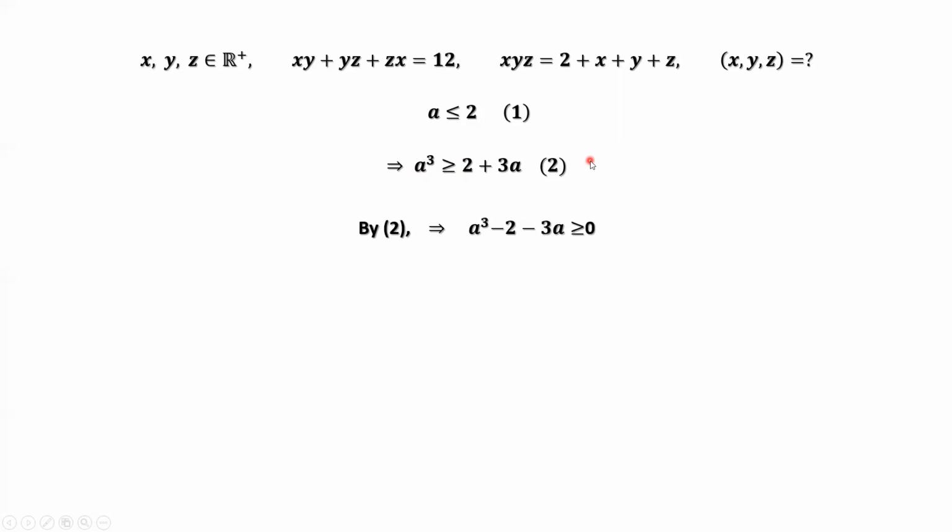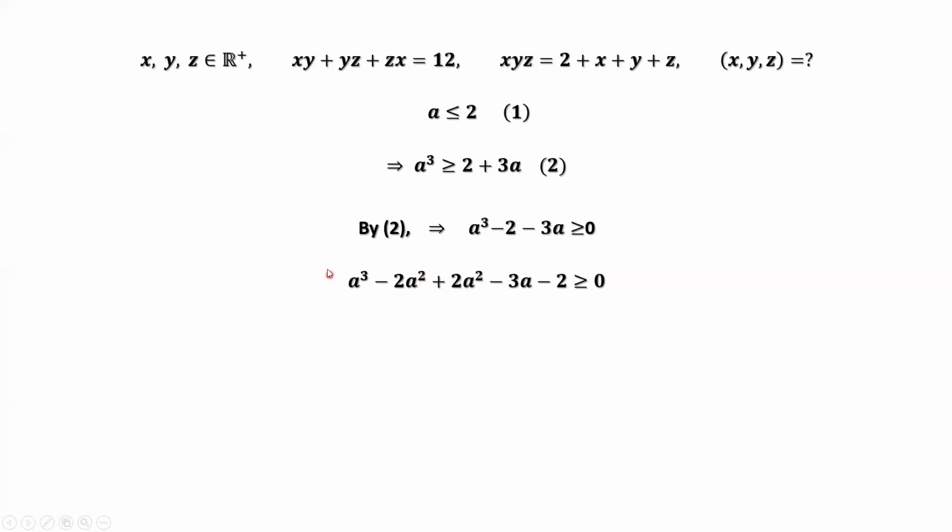From this second result, we just move the right-hand side to the left-hand side. We use the grouping method to solve this inequality. We minus 2a squared, then plus 2a squared on the left-hand side.